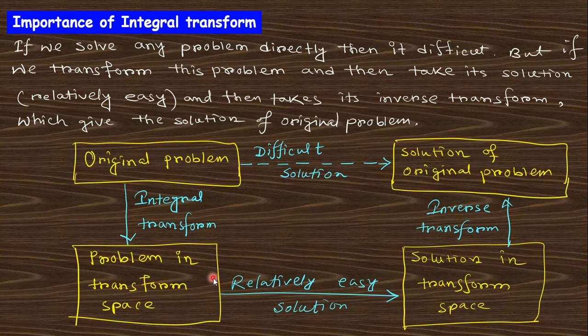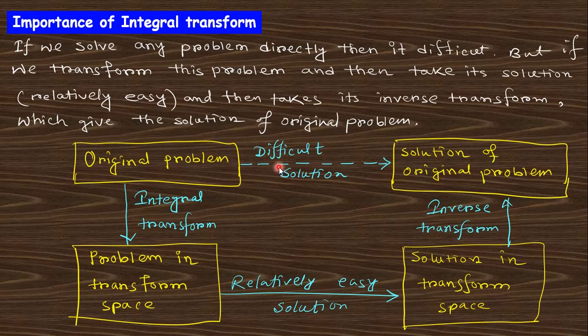At first we want to understand what is the need of this integral transform. What is the basic need? If you want to solve any physics problem directly, there is no problem, you can solve it by the direct method, but the solution may be difficult. So this problem can be solved directly by your knowledge, but it may be difficult.